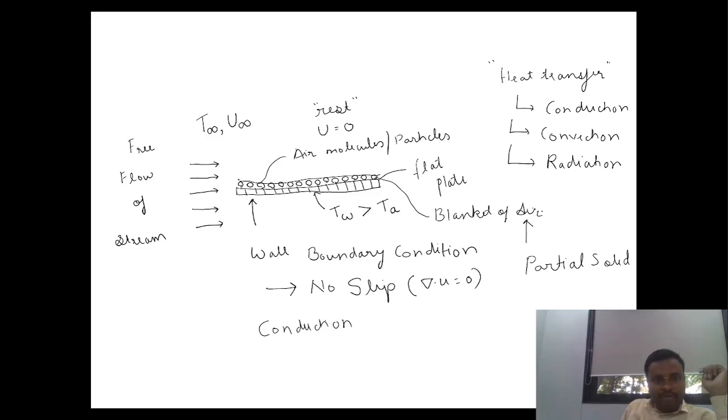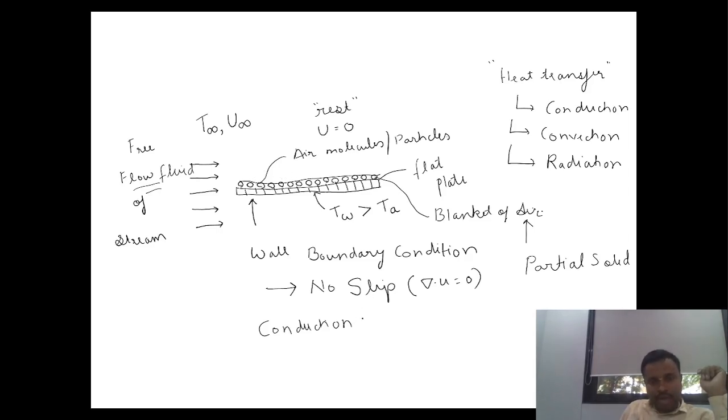After this, it has to transfer the heat by overcoming the barrier of the free flow of fluid. Here the bulk fluid is the air particles and they are in motion. So in the first layer there is conduction, and in the second layer there is heat transfer because of the bulk fluid particles.